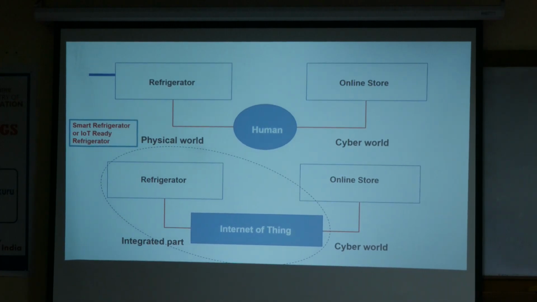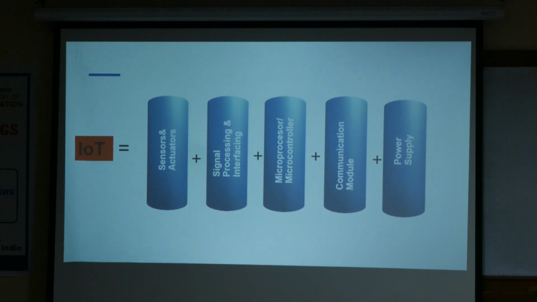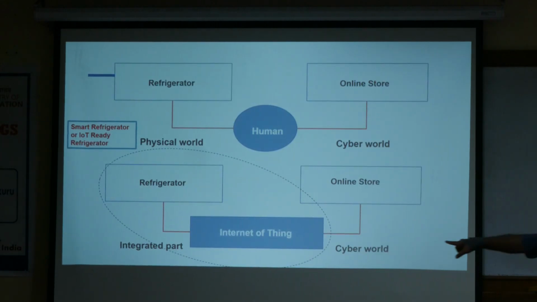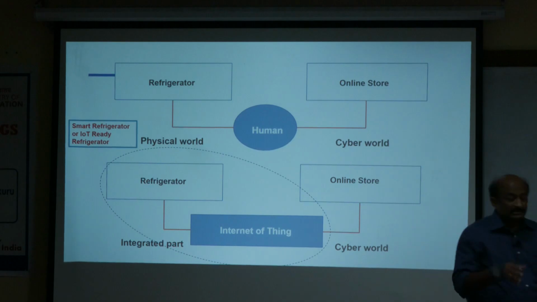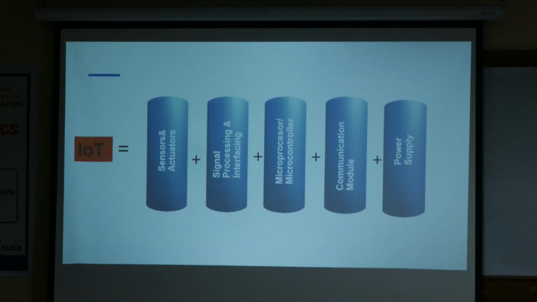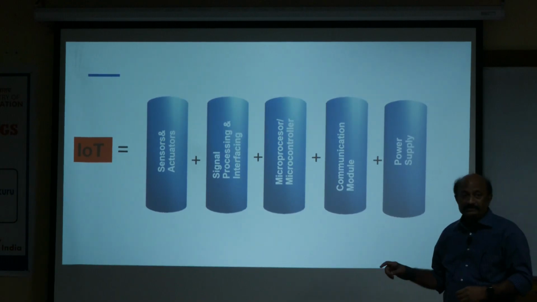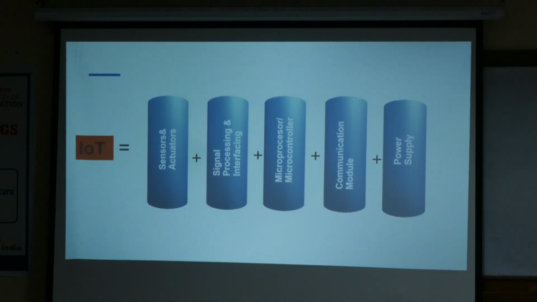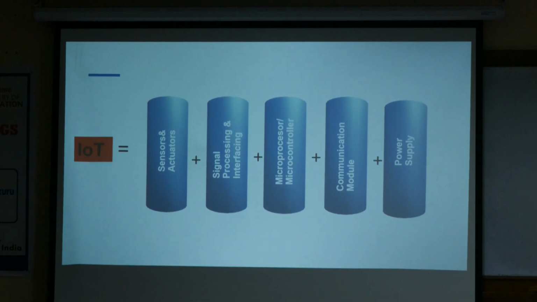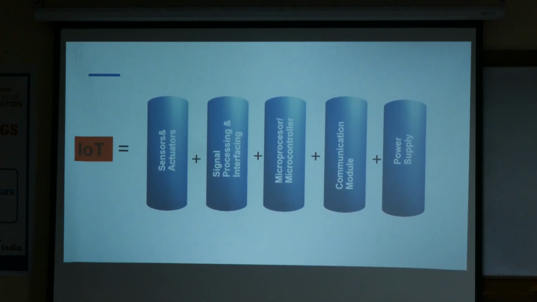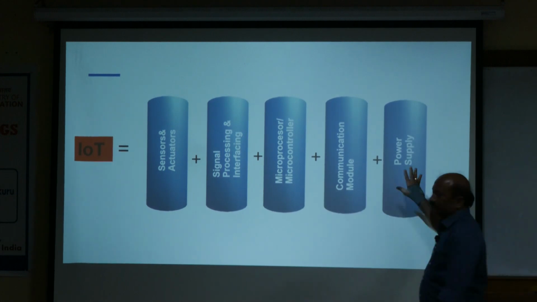So now, if you carefully look at the box, which I have referred to as IoT, you can divide that box into sub-blocks where it consists of sensors and actuators, a signal processing and interfacing part, a microcontroller or processor part, a communication module, and to power all these blocks, I need a power supply.